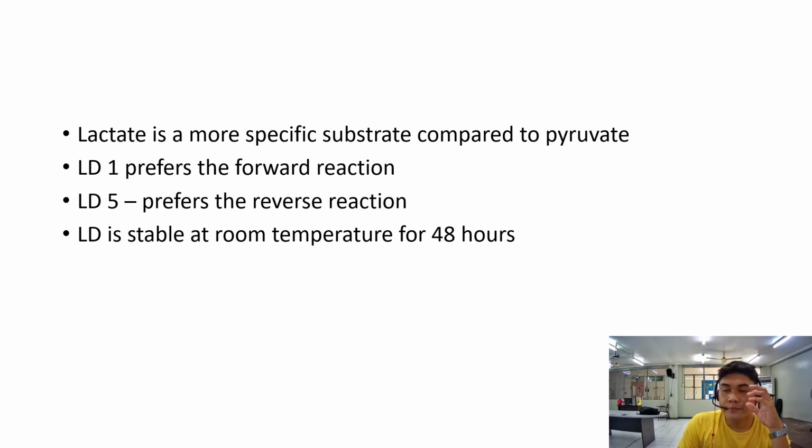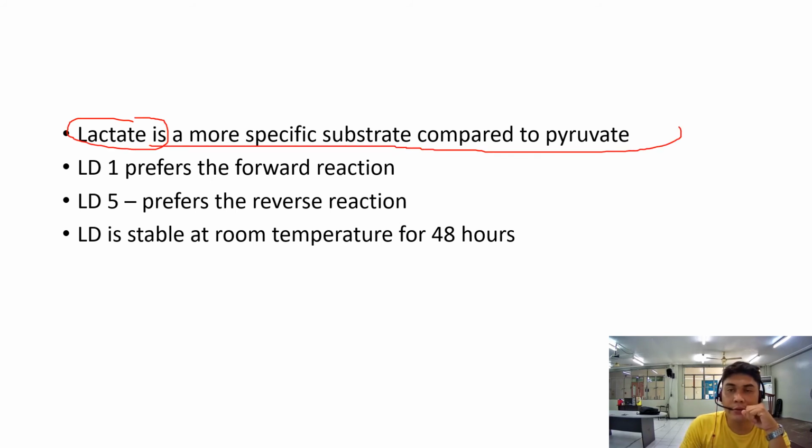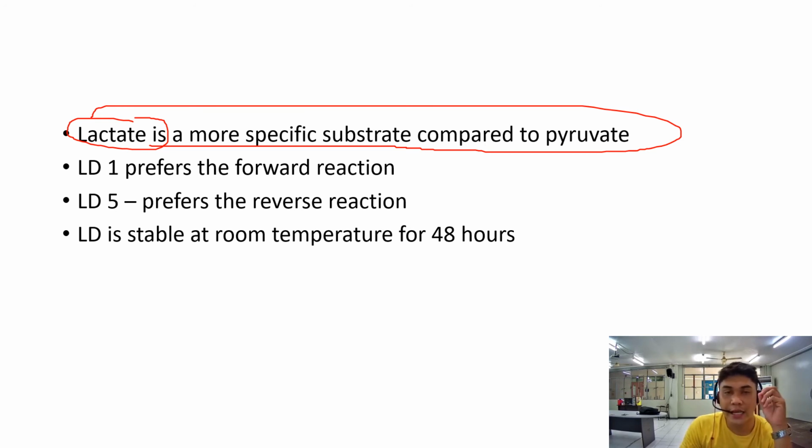So, regarding the forward method, which converts lactate to pyruvate, lactate is a more specific substrate compared to pyruvate. That's why the forward method is the most commonly used method, because lactate is a more specific substrate for lactate dehydrogenase.